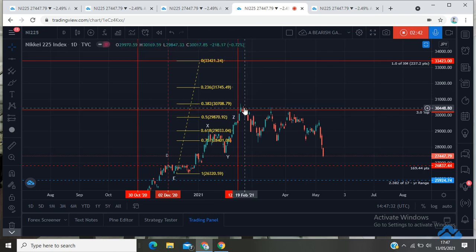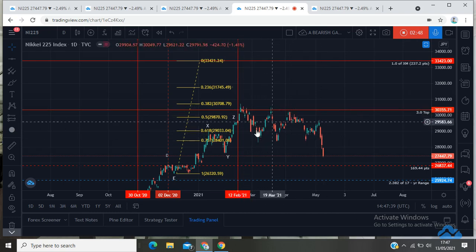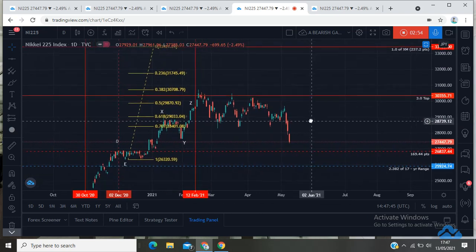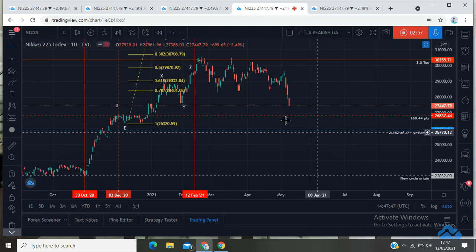And then price reversed from there nicely, where we have the correction currently ensuing. So now, as this correction is ensuing, we just want to have a short discussion in the market.